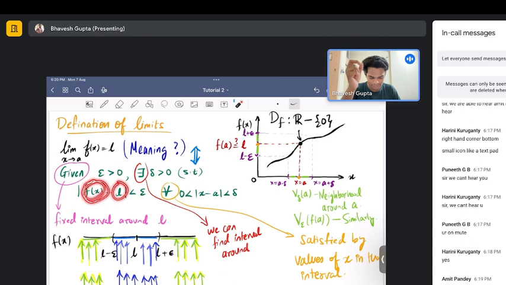Those values inside this interval, their distance to this limiting value will always be smaller than the interval which you give me. Now we can understand the importance of this small delta and small epsilon. We use them to represent a very small number, and using epsilon and delta we can define neighborhoods. This is the mathematical way we write those neighborhoods.